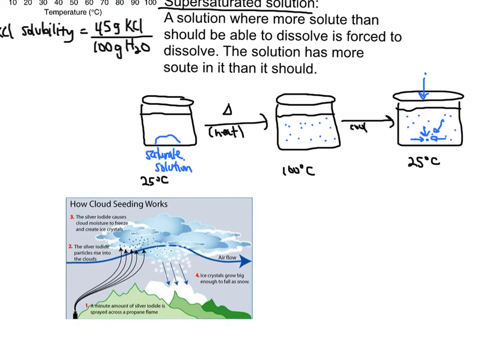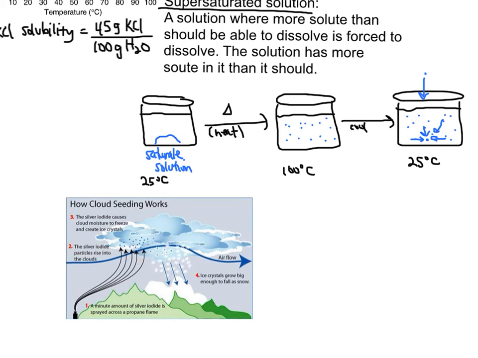And just because it's cool, a supersaturated solution is what a cloud is. A cloud is actually a whole bunch of little dust particles, and water molecules have kind of stuck to the dust particles and formed a cloud. I don't know if you've ever heard of cloud seeding, but it's a really interesting process where we spray silver iodide into the clouds.